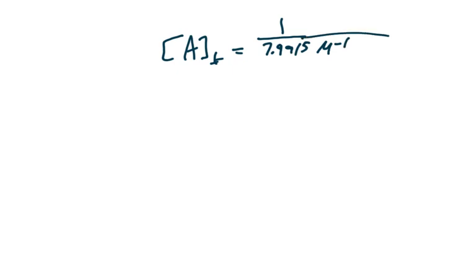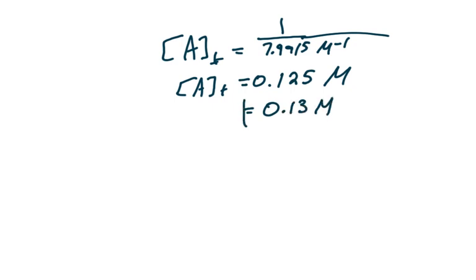So 1 over that is 0.125, and the units would be molar. So the concentration of A at that point, they want it to 2 significant digits, so we'll round it to 0.13 molar.